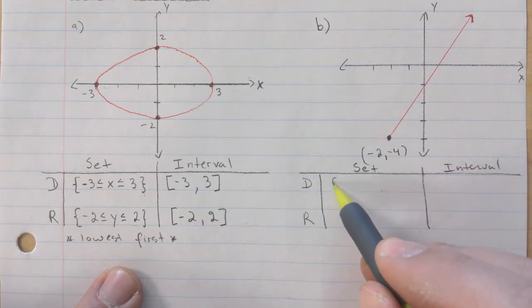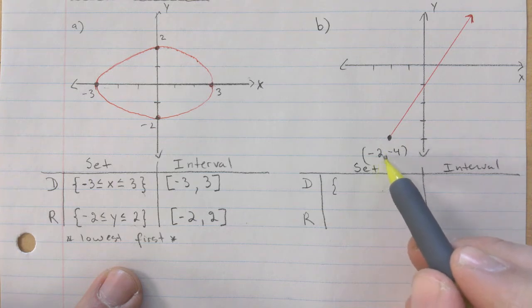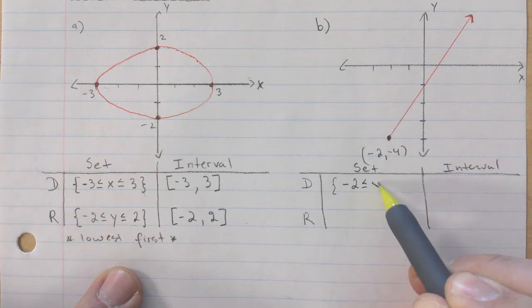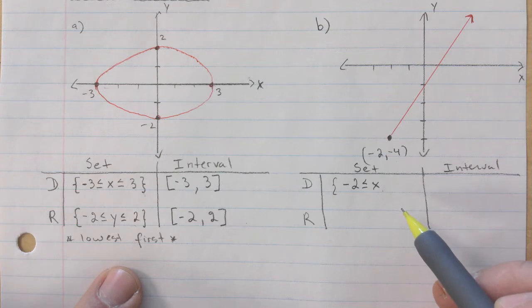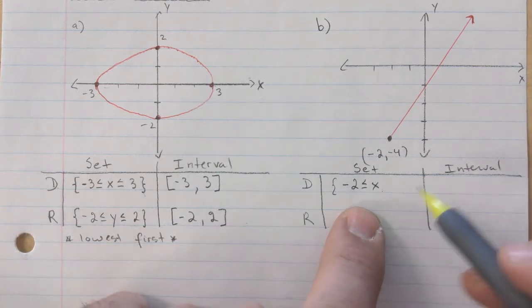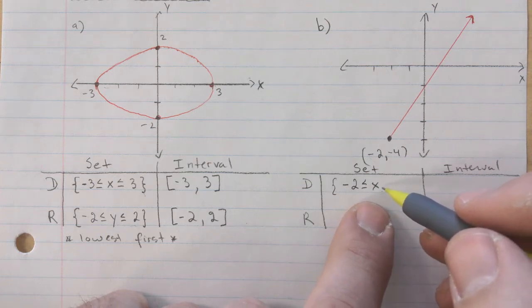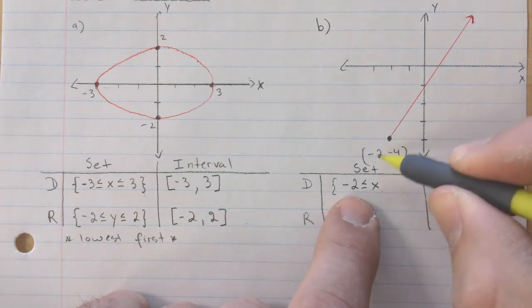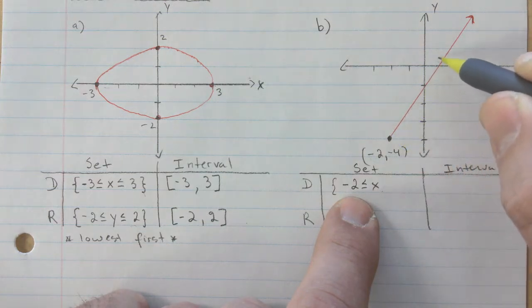For my domain, right, I'm going from the lowest x value, which is -2. Oh, wait, I think I'm making a mistake here. Normally, this isn't wrong per se, but normally you want the variable first because you notice that -2 is the lowest x value. Does it have a greatest x value?